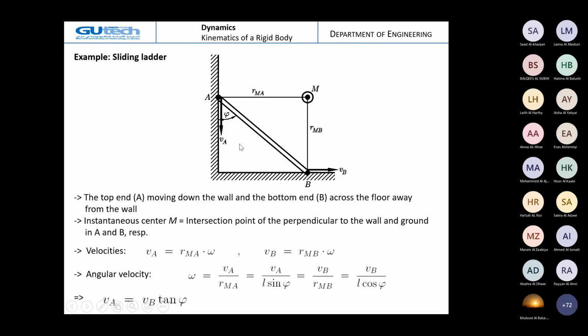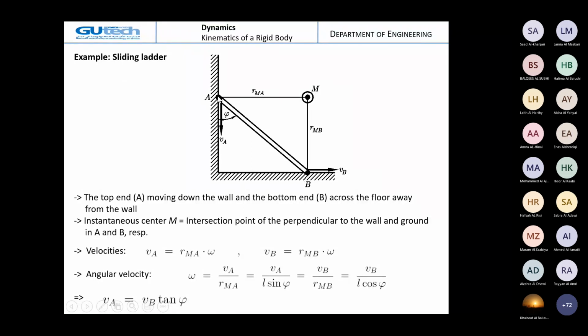Now we take this example, we will see it in the tutorial, okay? Now what we have here is the sliding ladder, the top end A moving down the wall, and the bottom end B across the floor away from the wall.